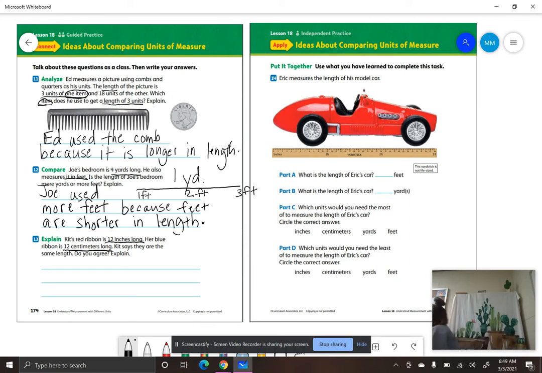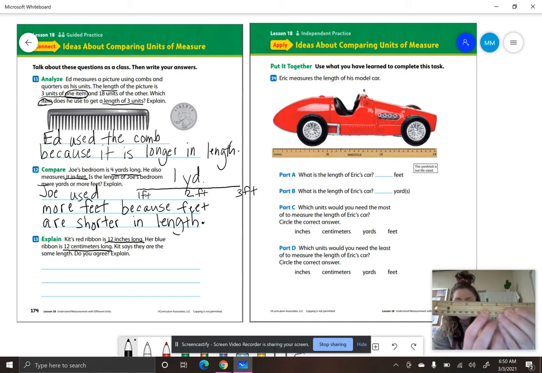Let me see. I have my handy dandy ruler that has centimeters and inches. So the length of Kit's red ribbon was 12 inches, or the same as 1 foot. So the length of the red ribbon was the same as the length of my ruler, 1 foot.